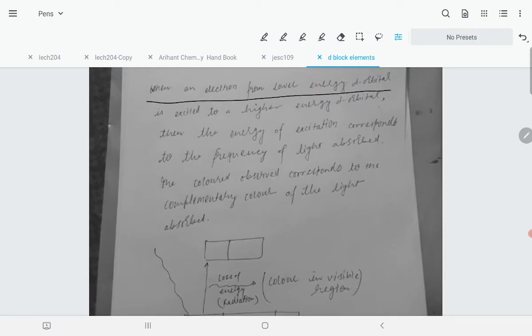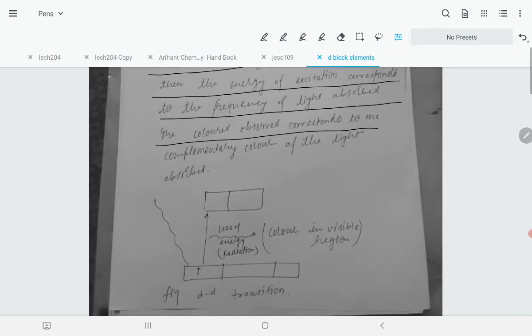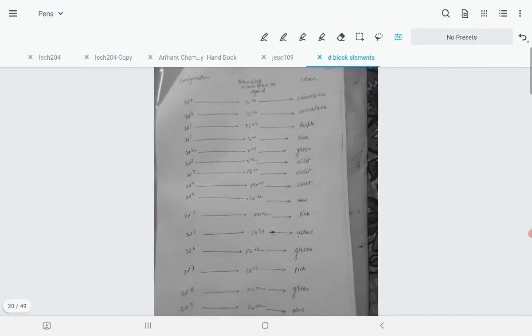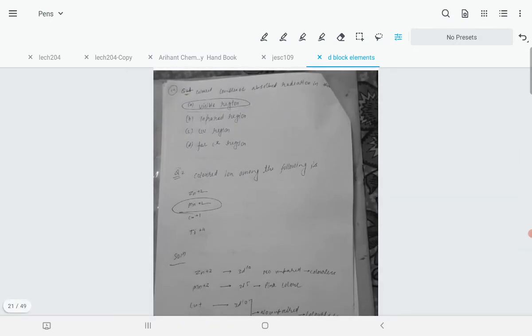When an electron from a lower energy d orbital is excited to a higher energy d orbital, the energy of excitation corresponds to the frequency of light absorbed, and the color seen is the complementary color of the light absorbed. Colored complexes absorb radiation in the visible region. Colored ion example: Mn2+.